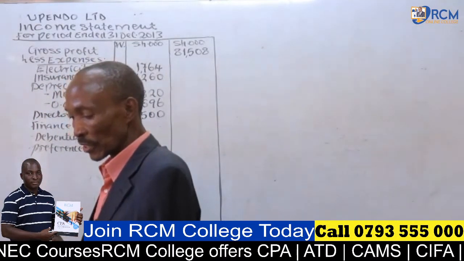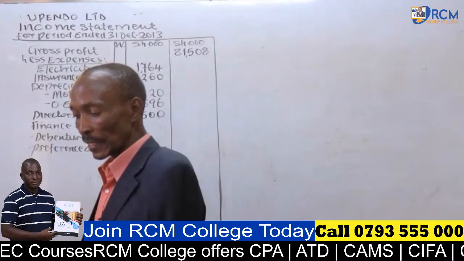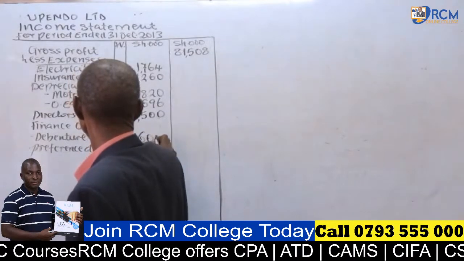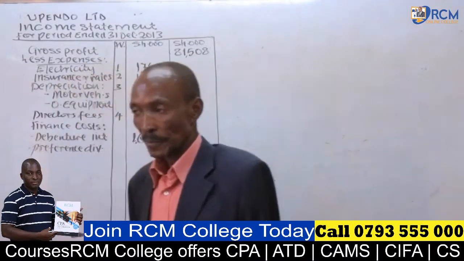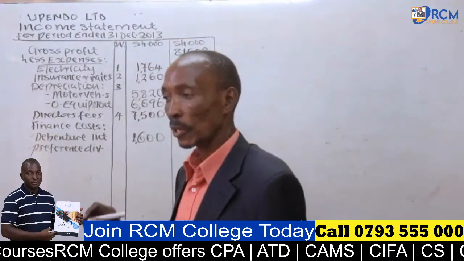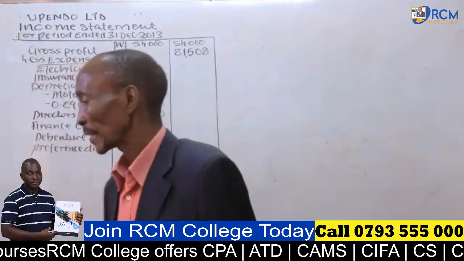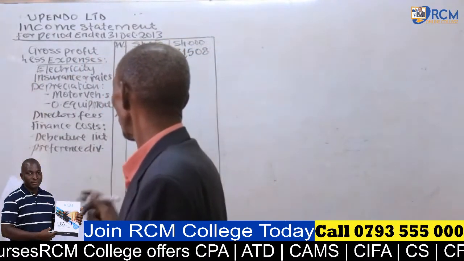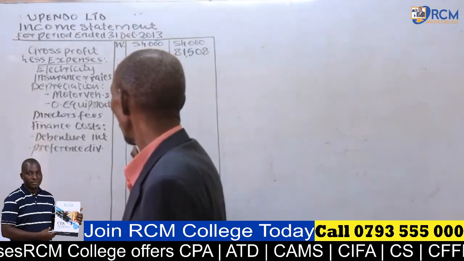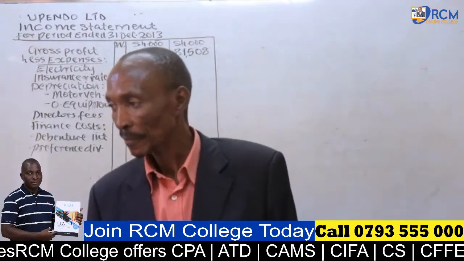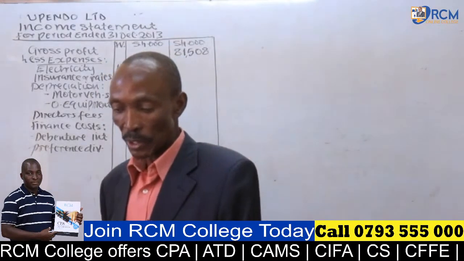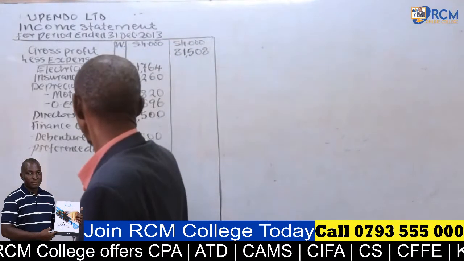Now the debenture interest we worked out to 800 times 2, that is 1600. When you're recording an expense, we're using the accrual principle. You record the full amount of that expense, regardless of what portion was paid. The amount we record should be the expense for the whole year. Then for the preference dividend, we take 8% and get 3,200.